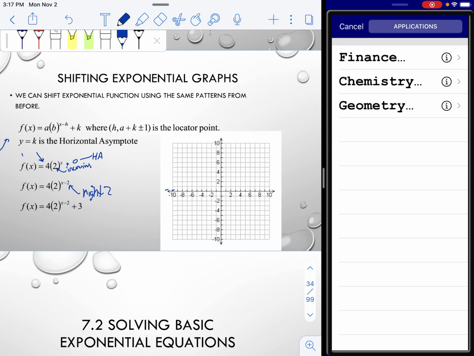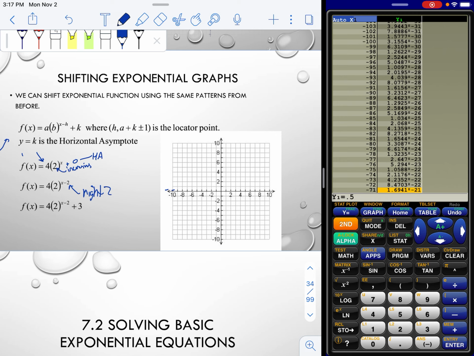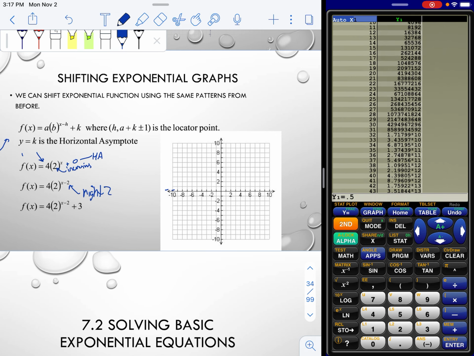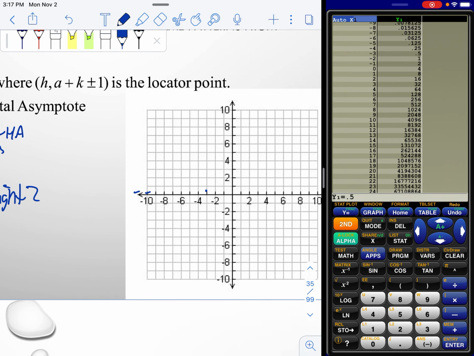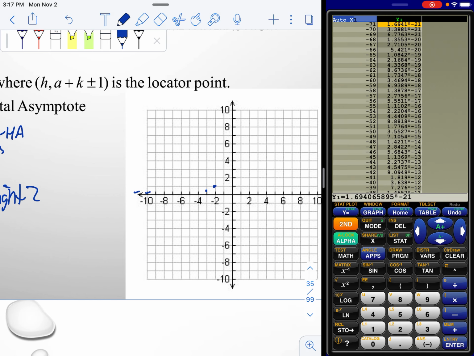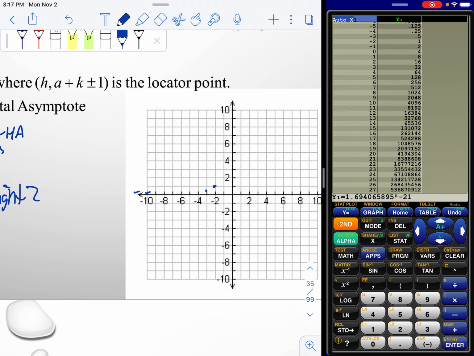So again, if we look here on our table and we plot the points that we know, starting with negative 3, .5, negative 2, 1, negative 1, 2, then 4, then 8.